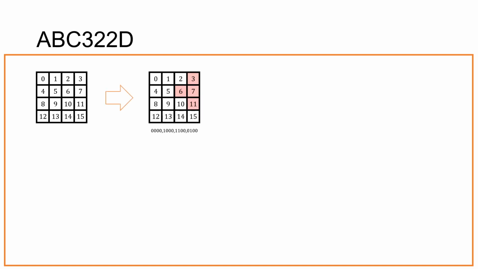We first label 16 squares from 0 to 15 and represent an arrangement of them as a 16-digit number in the binary system. So, if the first red polyomino is placed in this way, we represent the arrangement as this number below.